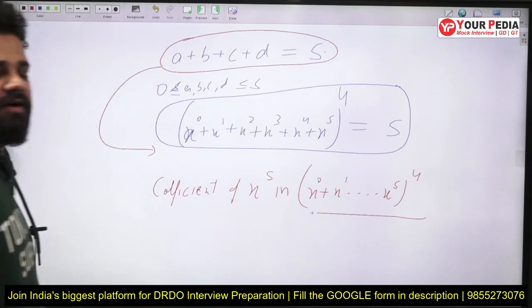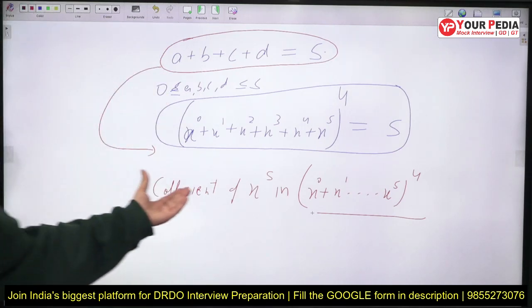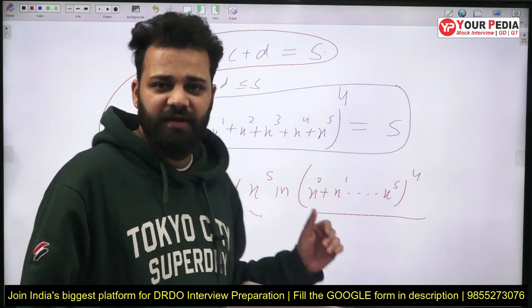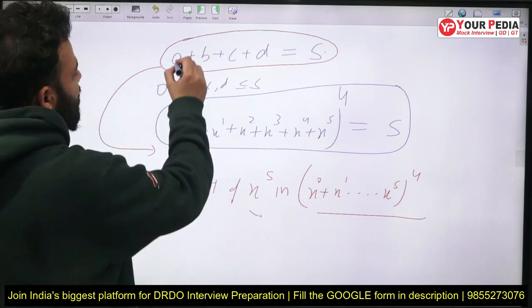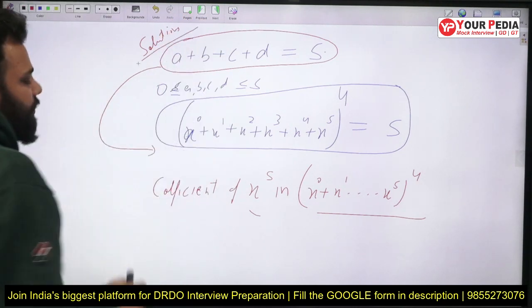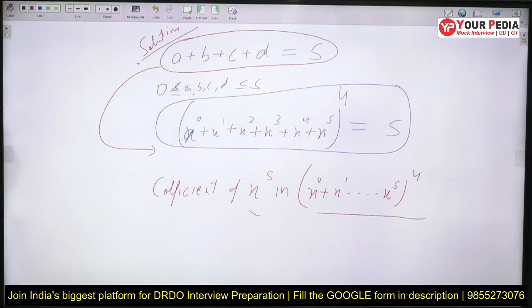You expand this and find the coefficient of x raised to power 5, and that will be equal to the number of solutions of this problem. So this is how you apply a generating function to a normal problem that has been asked.